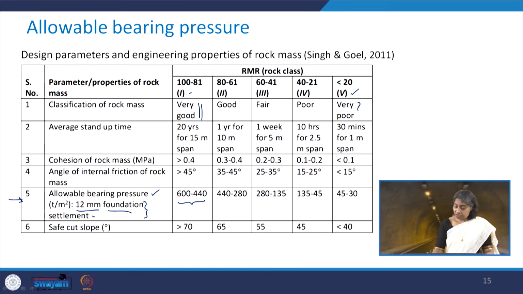However, in case of the very poor quality, it is as low as 30 to 45 ton per meter square. So, as the quality of the rock mass degrades with the reduction in the value of RMR, there is going to be a reduction in the allowable bearing pressure of the footing as well.